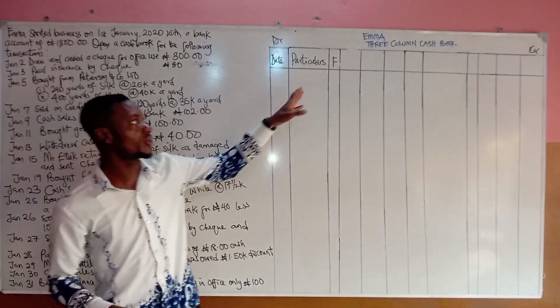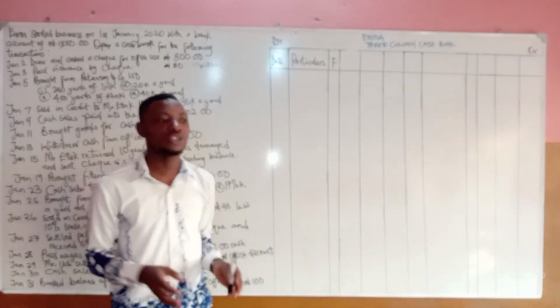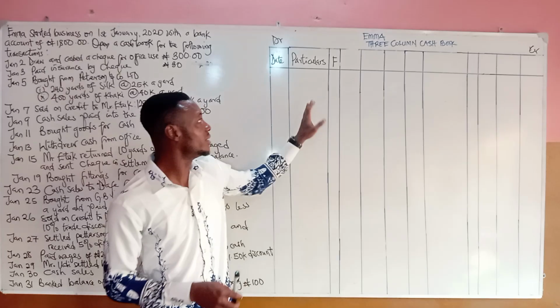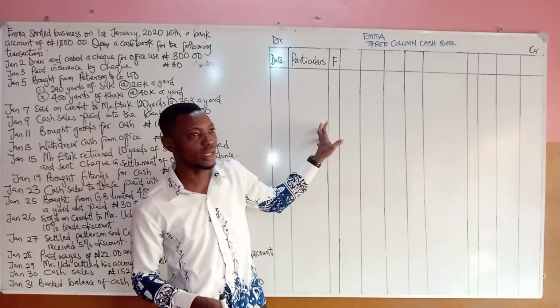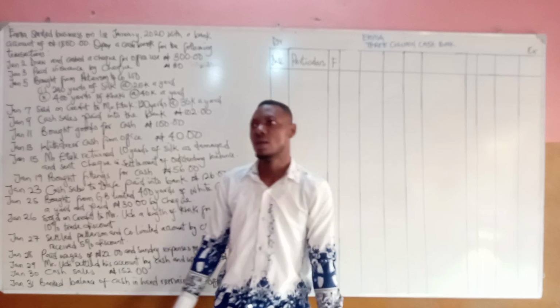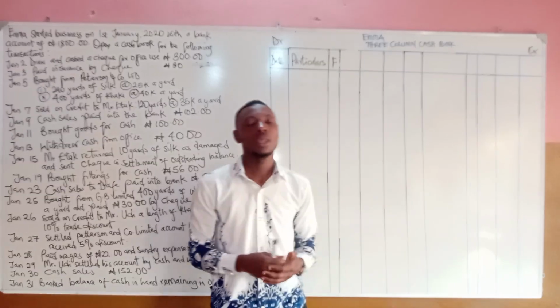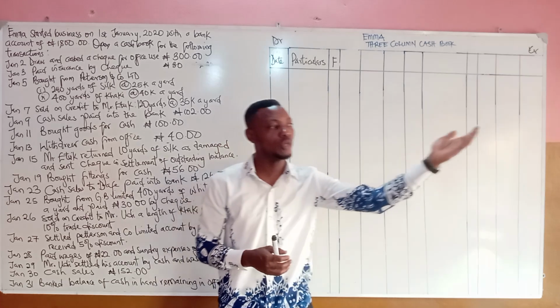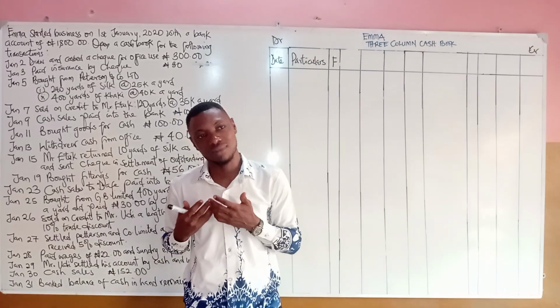Then another thing that is recorded under the folio column is contra entry. Any transaction that has a debit and a credit, meaning it will be posted on the debit side and on the credit side. Let me give an example. We drew cash from bank. Meaning you are reducing the value of what you have in the bank and increasing the value of what you have at hand.